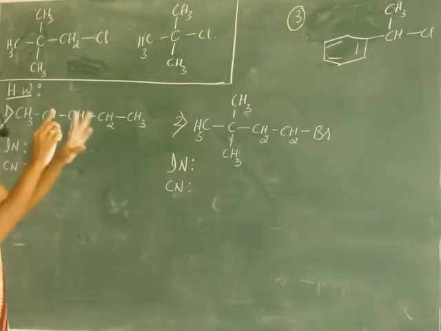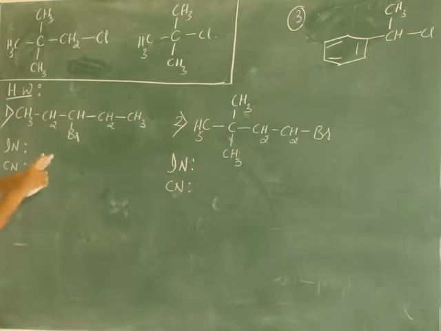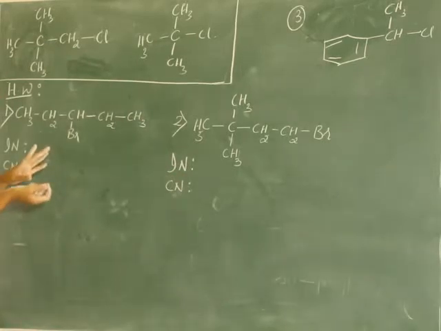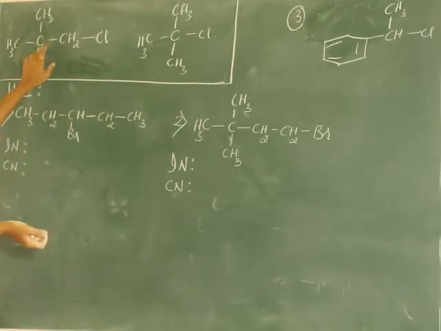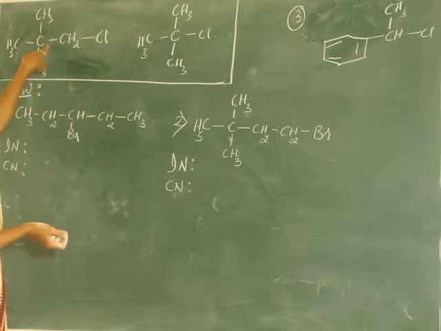Now, we cannot use iso. One more thing: it is not secondary, it is primary. This carbon atom is directly attached to one carbon atom, hence it is primary.